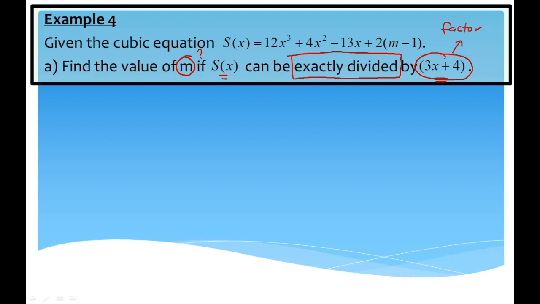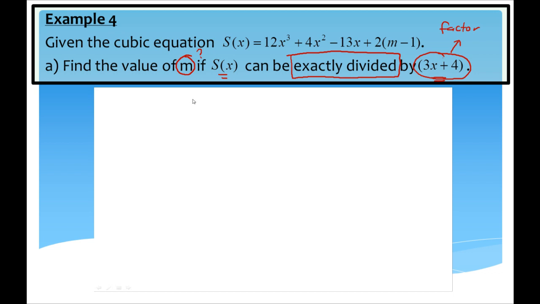For this question, we want to find the value of m when S(x) is exactly divided by 3x plus 4. Actually, there are many methods that we can use to solve this question, but for now I will show you only one method, which is by using long division.